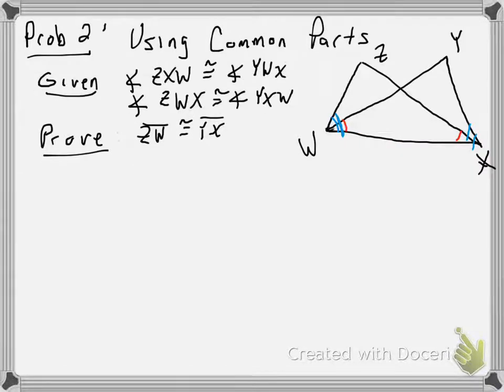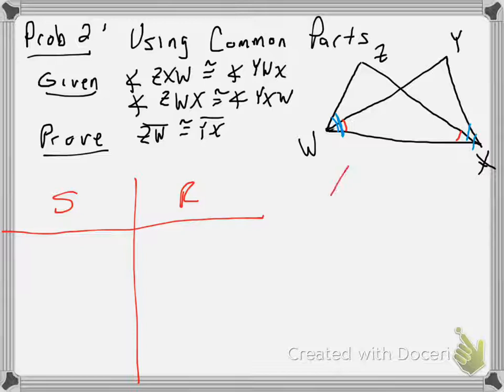Problem 2 says using common parts. So again, you're proving this, so let's make our statement reason chart. And again, this is going to be a little cramped, so I might go to the next page. But if I separate these two triangles, this would be triangle ZWX, and this would be triangle YWX.